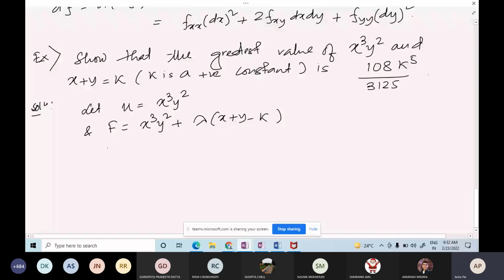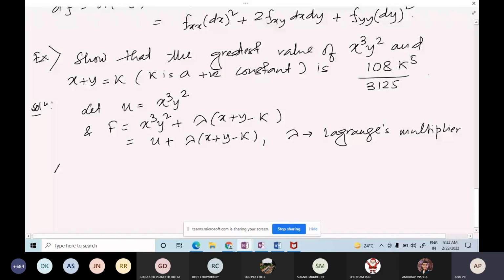Or we can write u plus lambda into x plus y minus k, where lambda is Lagrange's multiplier. We are converting the problem in this way. So we constructed a new function, capital F, and we are writing it in this manner.